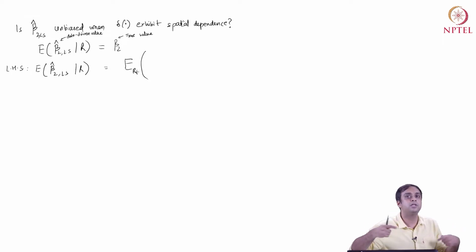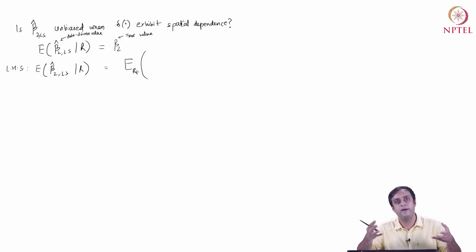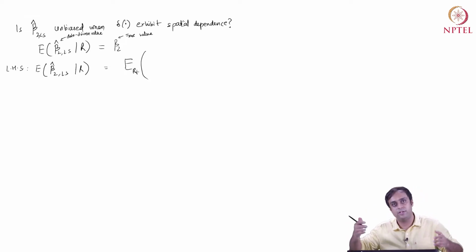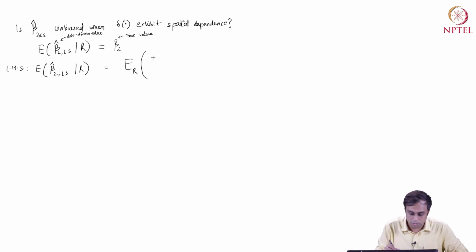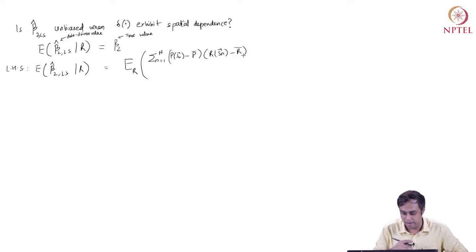In conditional expectation, R becomes a constant, right? So we are going to treat R as a constant value when we apply this expectation operator onto the formulation that we are going to write right now. The sum from n equals 1 to N of P Sn minus P bar times R minus R bar. Remember, everything that is R, whether it is R Sn or R bar, they are both constants with respect to this expectation operator.